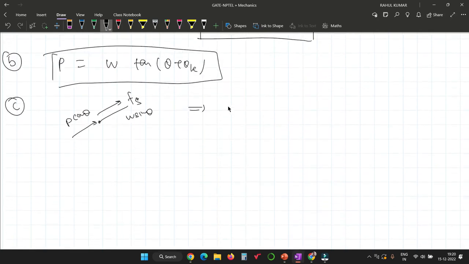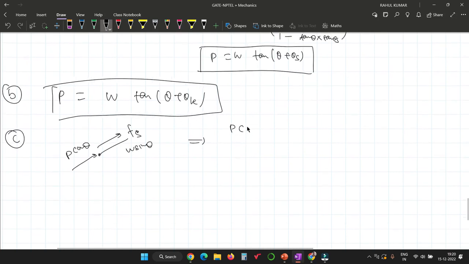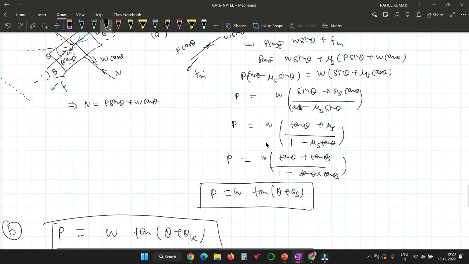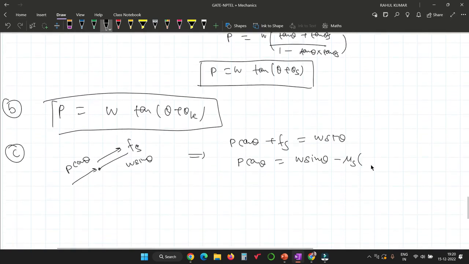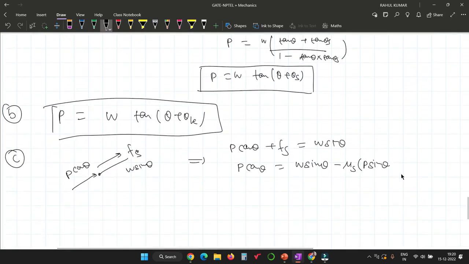So what will happen here now? P cos theta plus Fs equal to W sine theta. So P cos theta equal to W sine theta minus Fs, which means mu s into (P sine theta plus W cos theta).